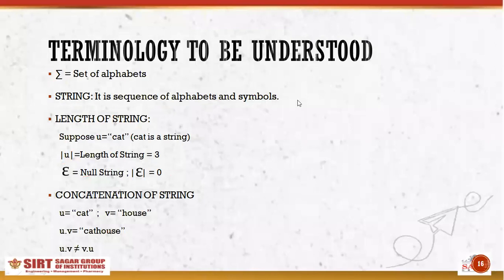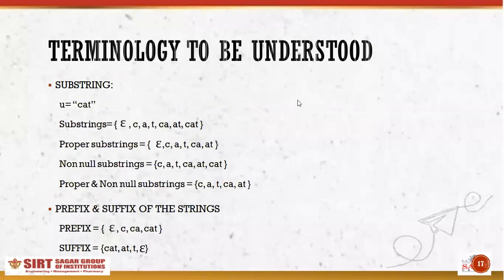Next is substring. Now, what is substring? So substring is very much analogous to what we have read in set theory. So, just similar to subsets, we see substrings here, but there is a slight difference.